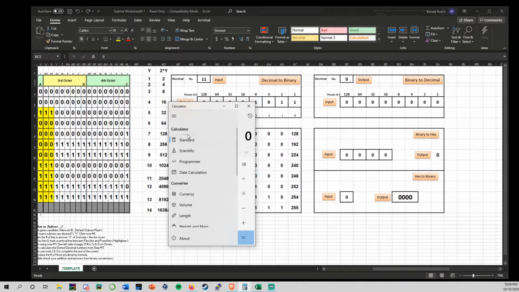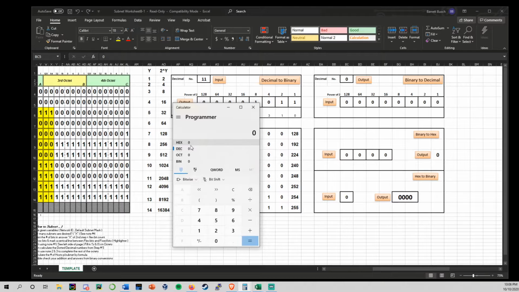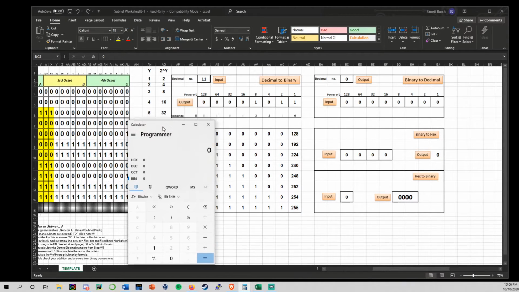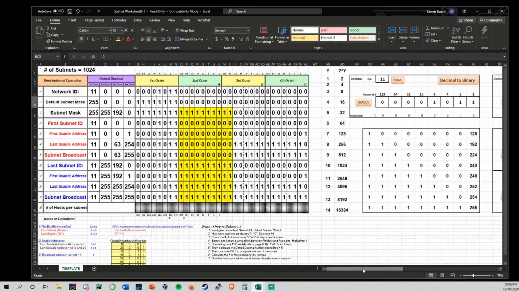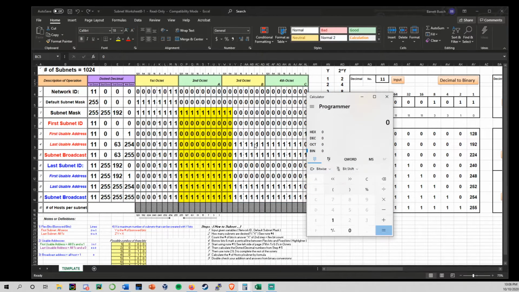You can switch to programmer and you could actually enter in as decimal. You can enter in as binary. This also comes in handy for hexadecimal conversion as well. So I could have technically, for the 63, I could have entered in 111,111.